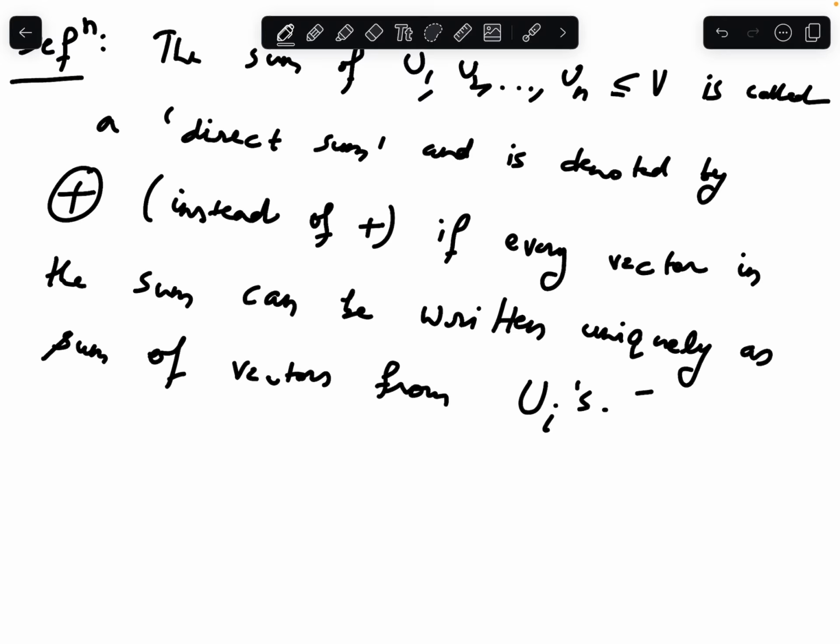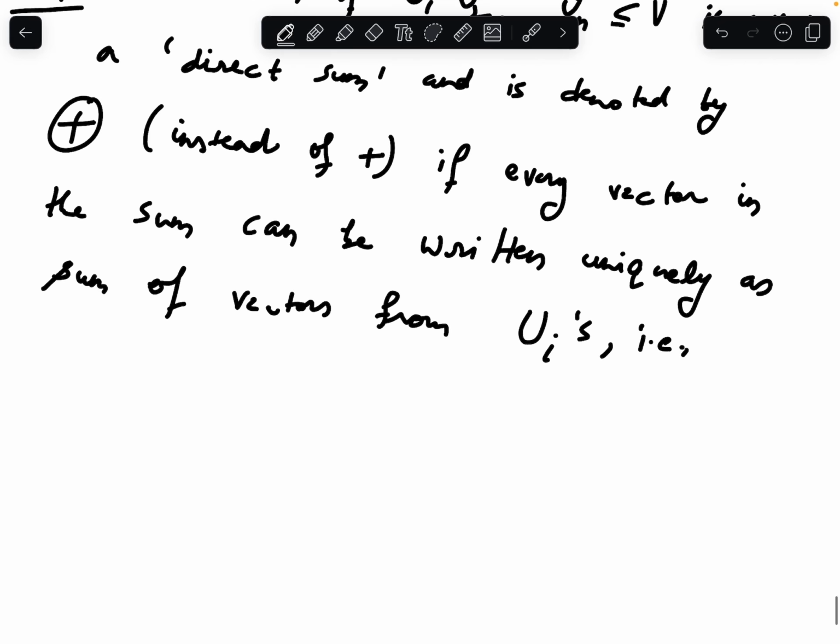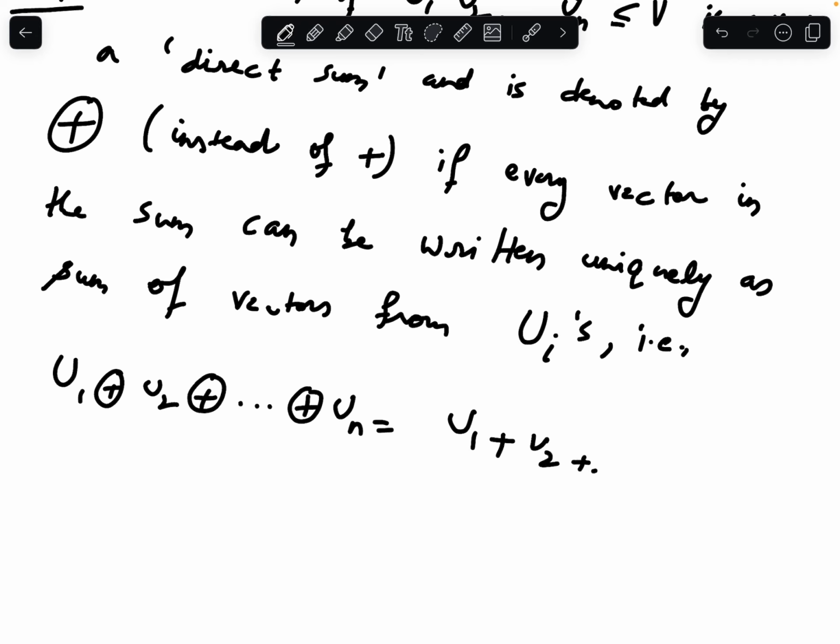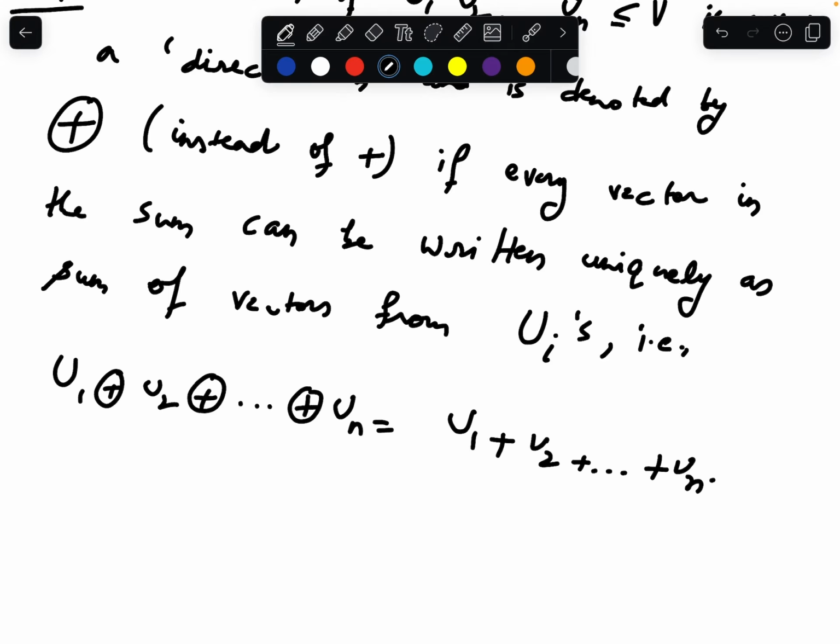In this case, we write U1 direct sum U2 direct sum dot dot dot direct sum Un equal to U. If this happens, let's take an example of this.